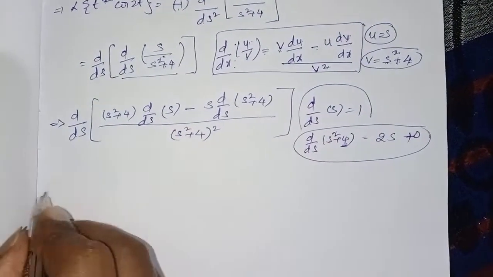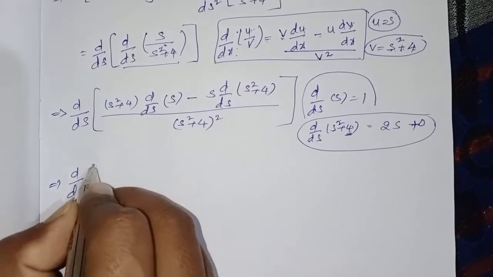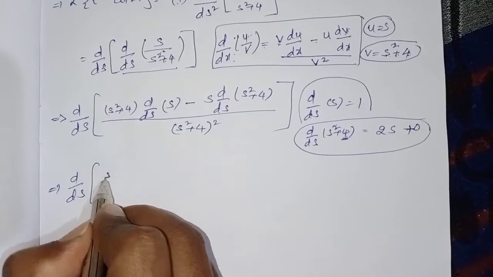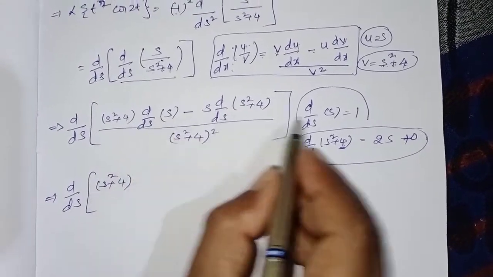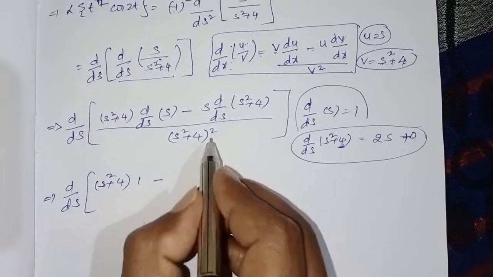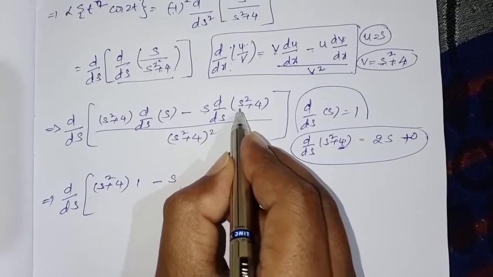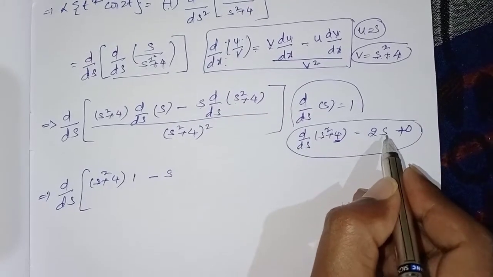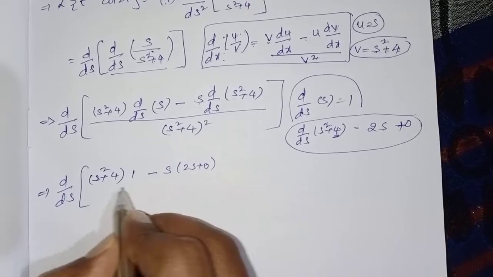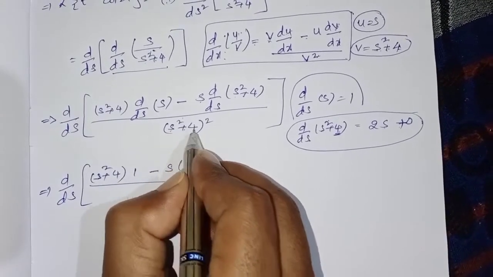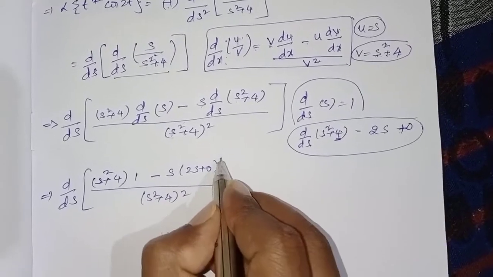Substitute these values here. This is s square plus 4 into d by ds of s, which is 1, minus s into d by ds of s square plus 4, which is 2s plus 0, whole upon s square plus 4 whole square.